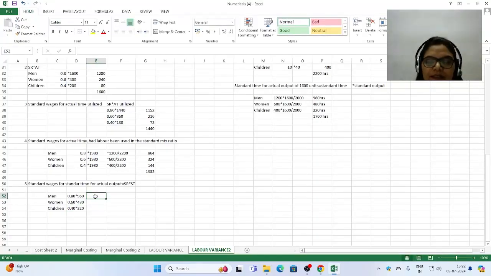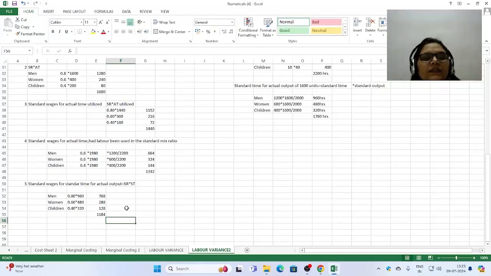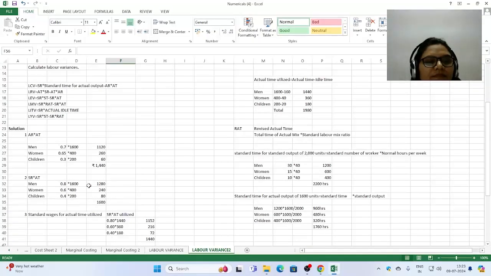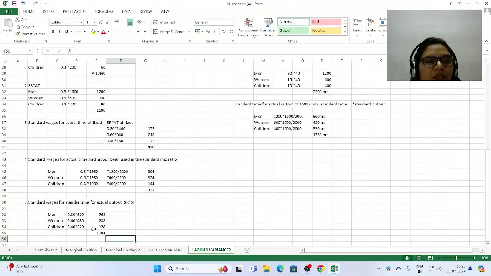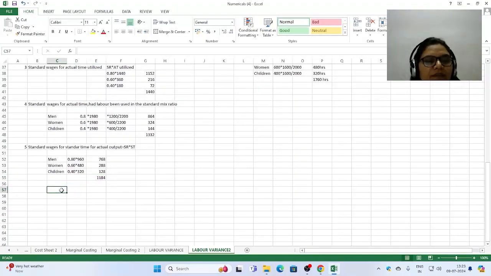Then we will get 768 plus 288 plus 128. We will get 1184. That is standard rate into standard time. So this is all about the calculations we have done.